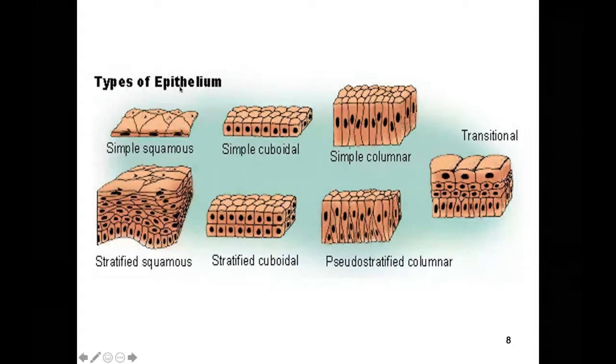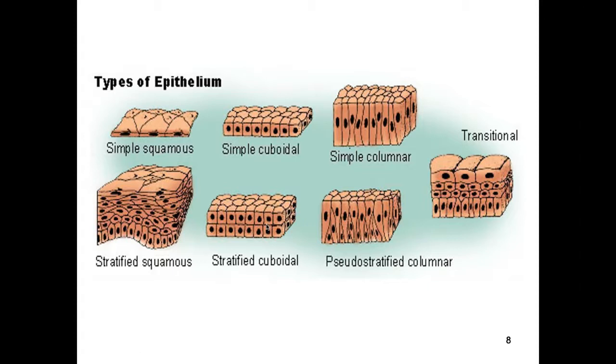Now, the other thing that's really unique about epithelium is how closely packed these cells are to one another, with very little extracellular matrix or extracellular substances. These cells are tightly woven together due to tight junctions, gap junctions, or desmosomes, right?